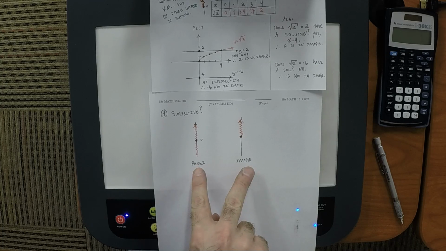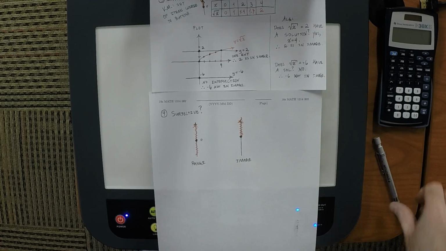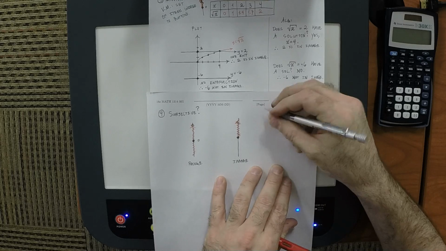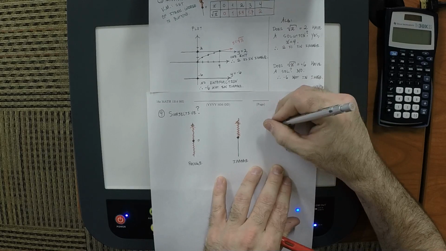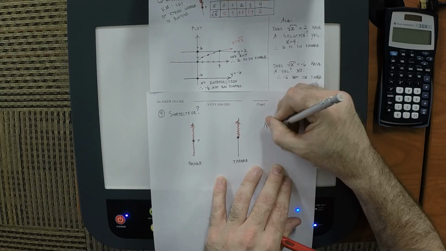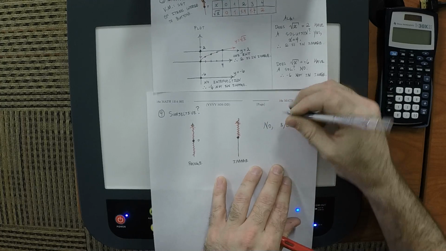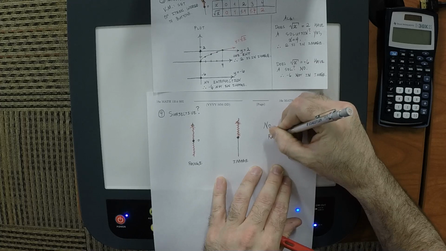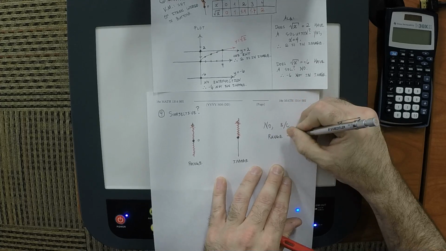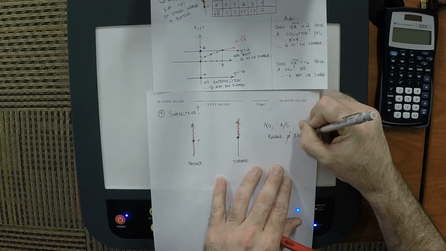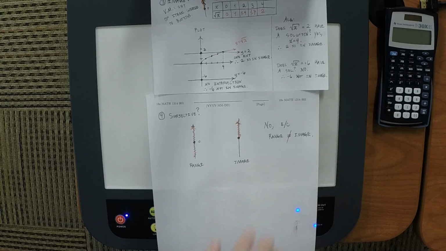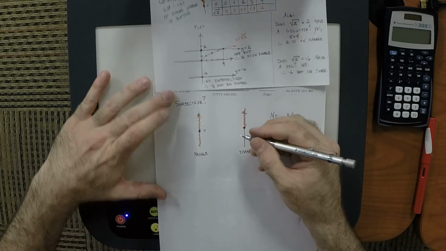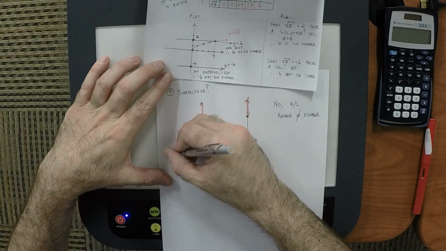And the answer is no. So the answer to the question of surjective is no, because the range is not the same as the image. Okay. Is it injective?